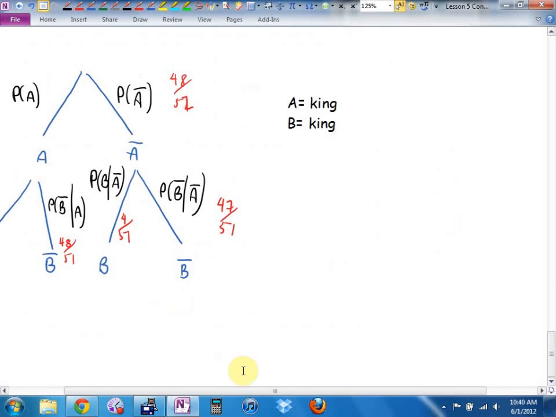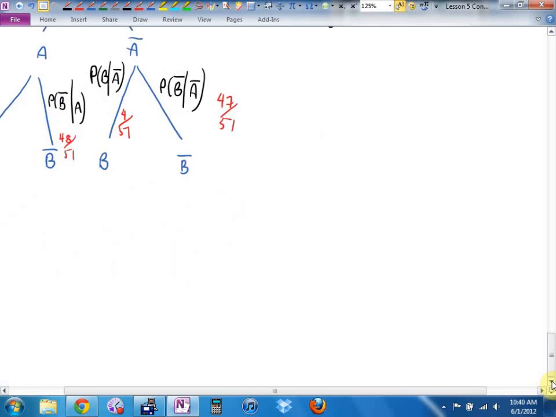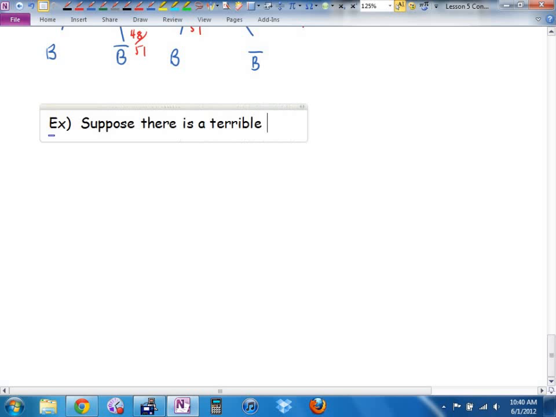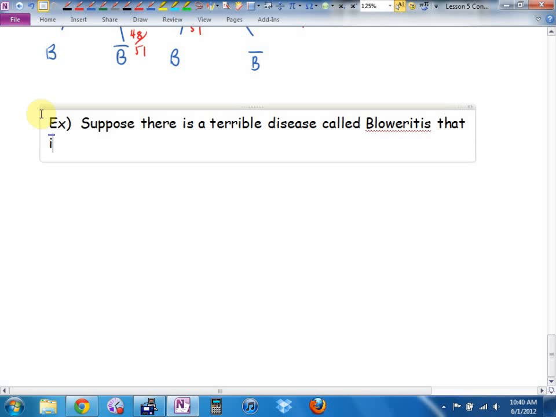You all still do you have a bit more room over here on your half page? Let's do a question together. I like this question. Suppose there is a terrible disease called loweritis that infects 1% of the population.